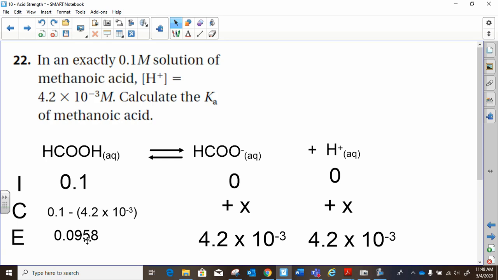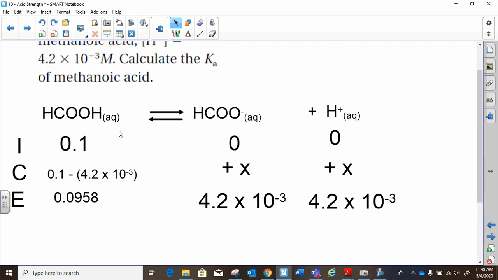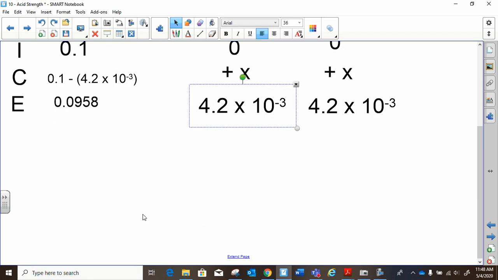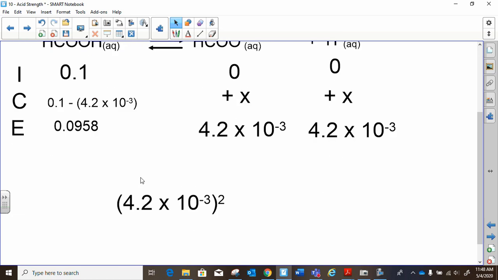So I put products over reactants, and I can get my Ka value. Now, I did not show you that here, but you would have 4.2 times 10 to the negative 3 squared, because it is the concentration of your products, over the concentration of your acid, which is 0.0958.